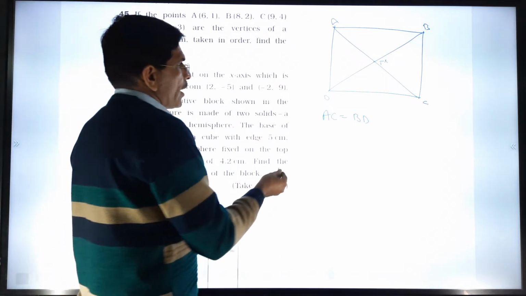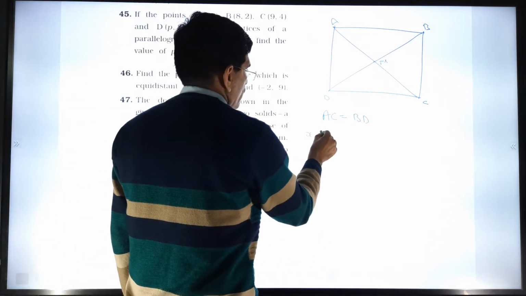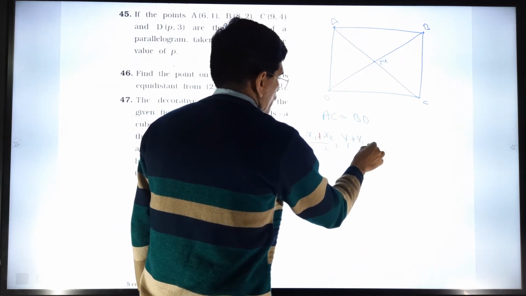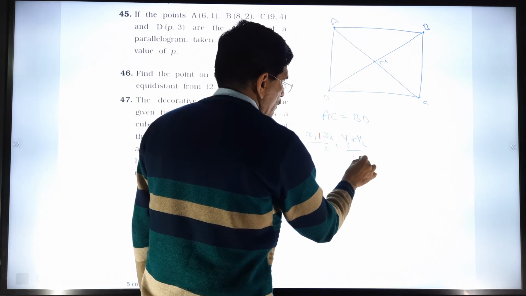So we know the midpoint formula, that is x1 plus x2 by 2, y1 plus y2 by 2.